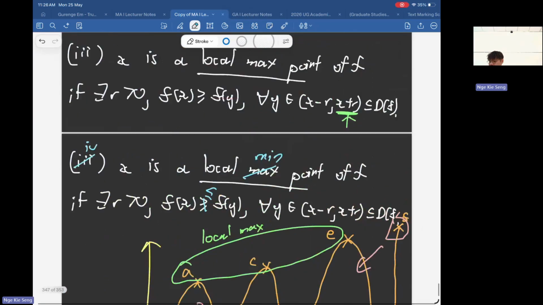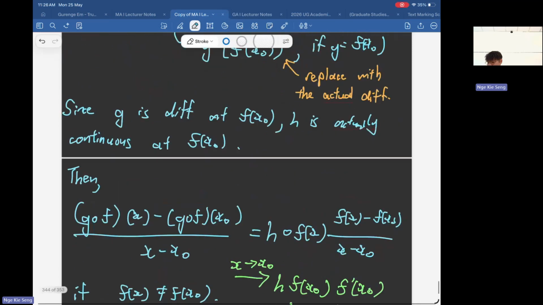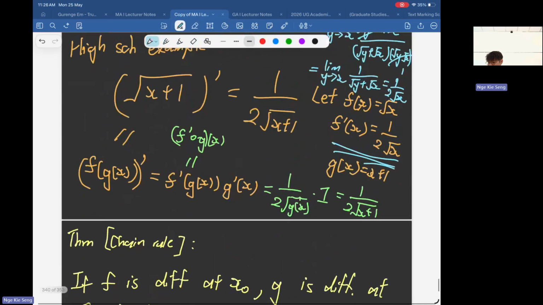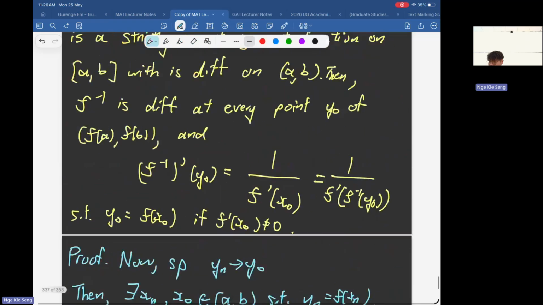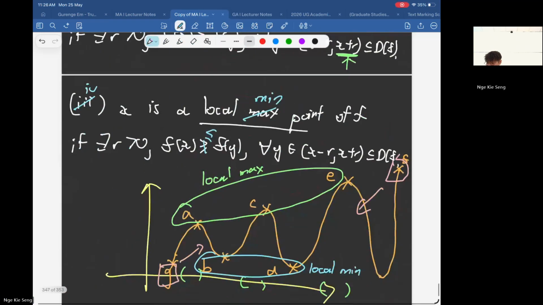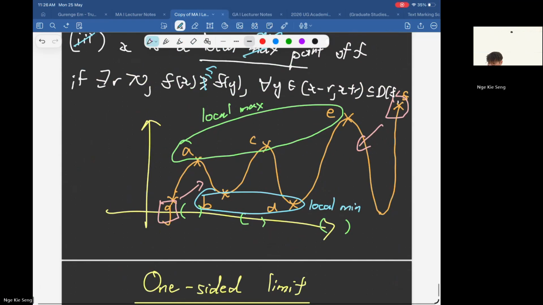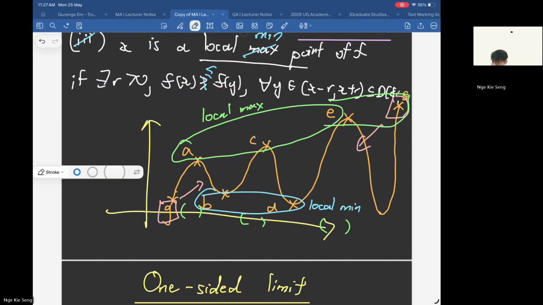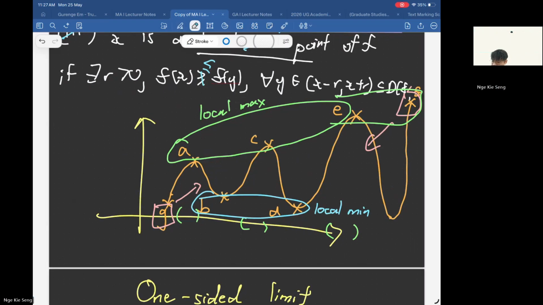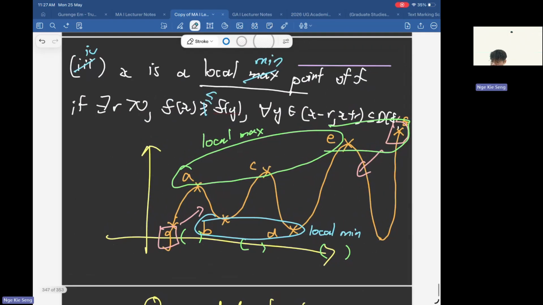Maybe we should take this into account. We allowed endpoints here. Why? Let me see, where's my definition? Maybe we should allow these into our local extreme definition. Maybe let me say why.